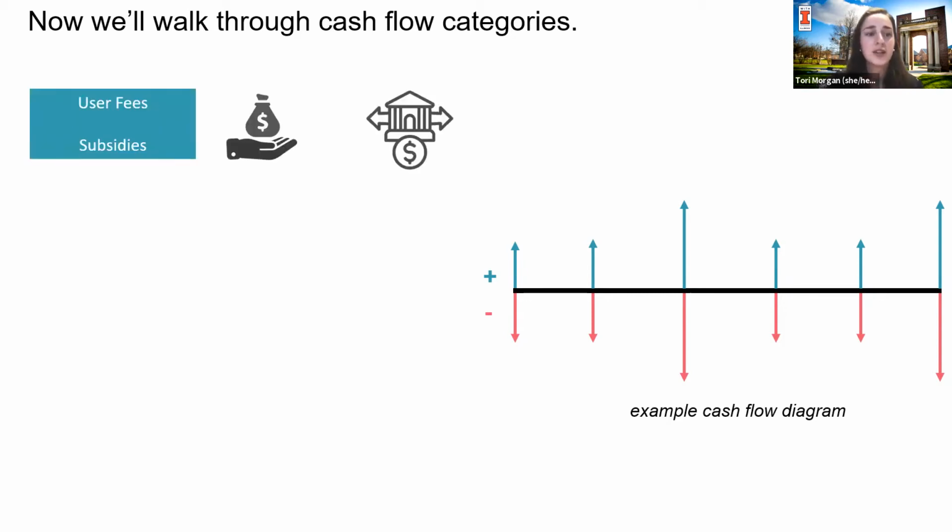One example of a revenue or profit might be user fees. Maybe you charge one fee at the beginning, or maybe you charge fees over the lifetime if you're providing a service. Another example is a subsidy. If the government is trying to achieve some initiative and you help achieve that initiative, you might get money back as a subsidy for your project.